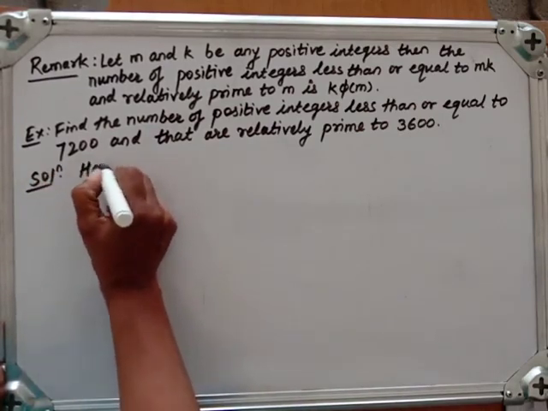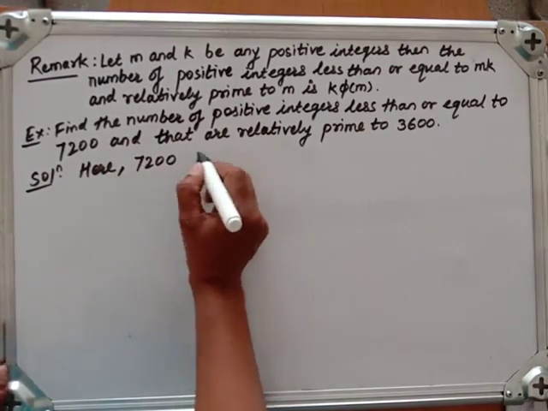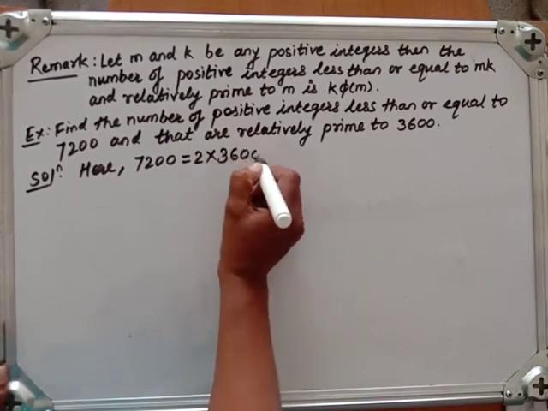Here 7200 can be written as 2 into 3600.